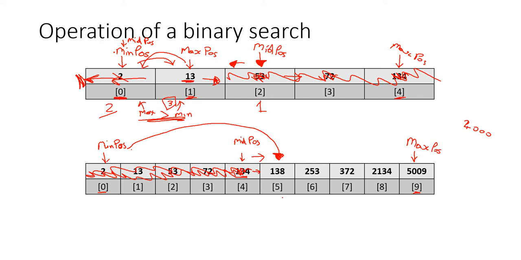So again, to find the midpoint between these two now, we add the min pos and max pos. So 5 plus 9, 14, divided by 2, 7. So our midpoint becomes position 7.